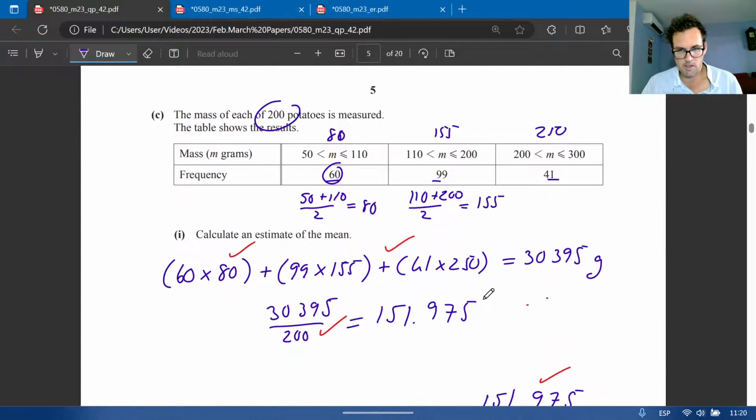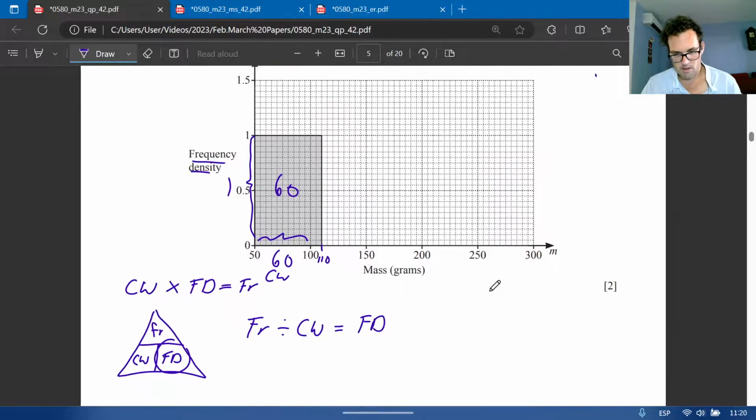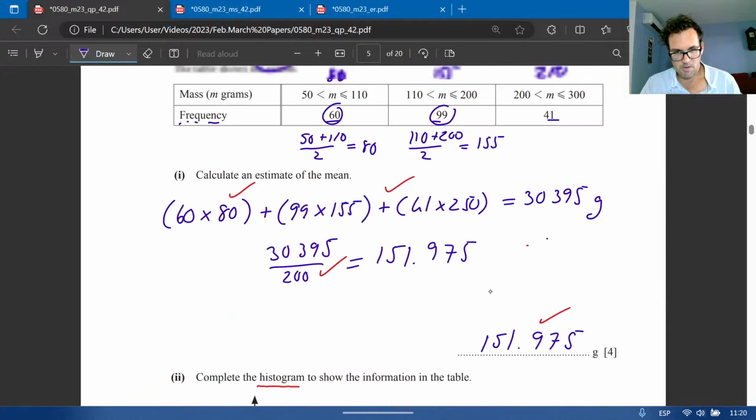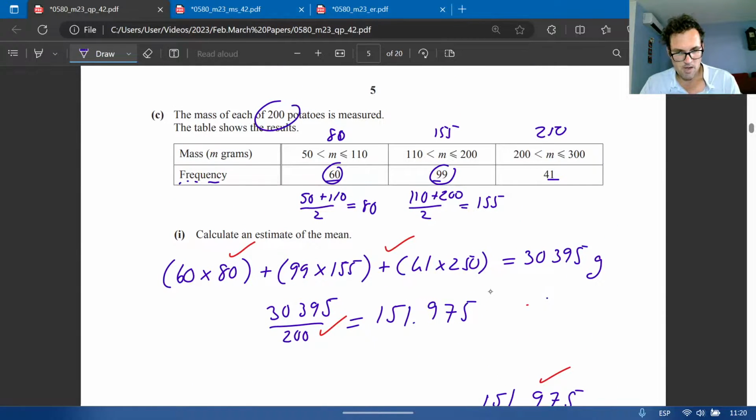So the first one here, the frequency, the 99 potatoes, we divide by the class width. From 110 to 200, how wide would this bar be? 90.